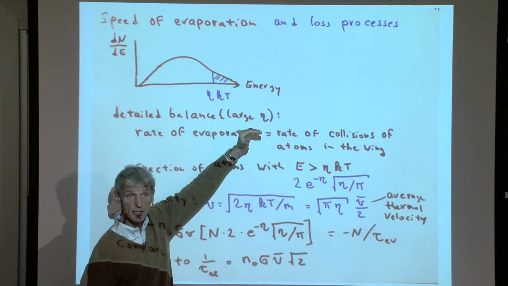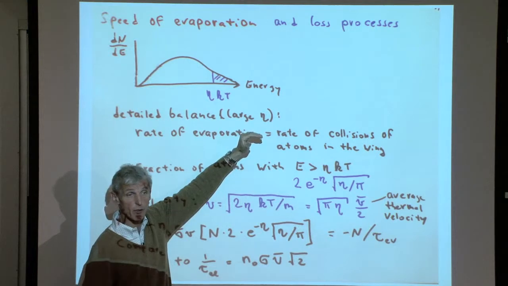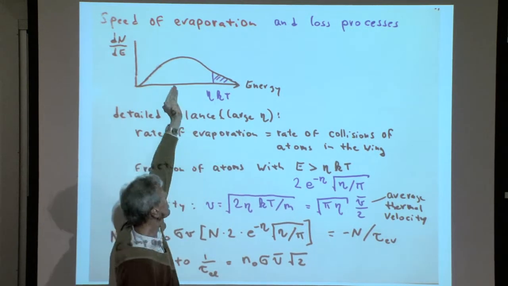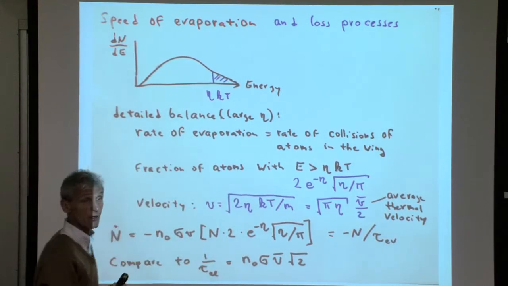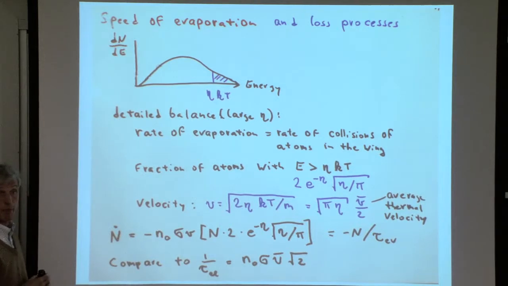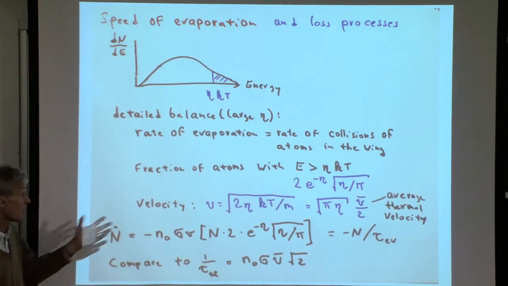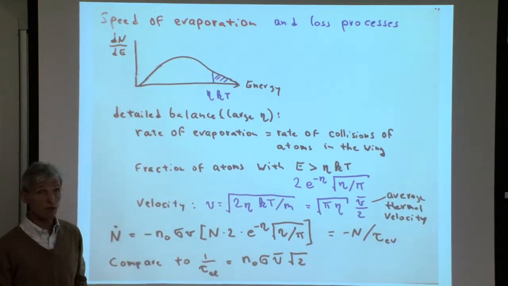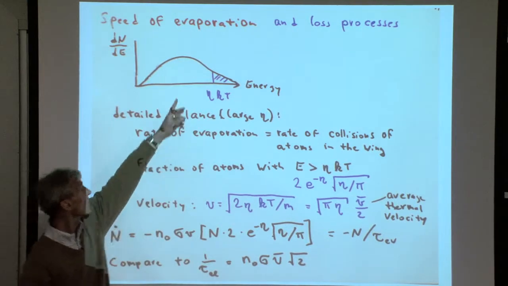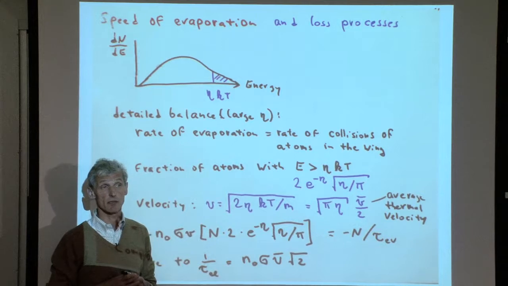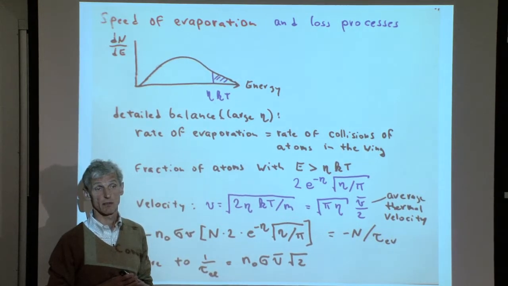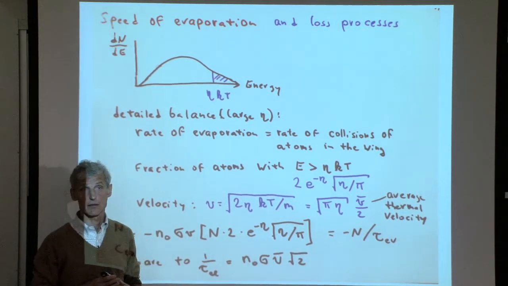In other words, I want to know how many atoms are fed into the tail, but I get this number of collisions by saying in detailed balance, this number of collisions is the same as the number of collisions in the full Boltzmann distribution which goes backward. And with that argument, I can immediately write down an expression for the collision rate which produces high energy atoms. Think about it.